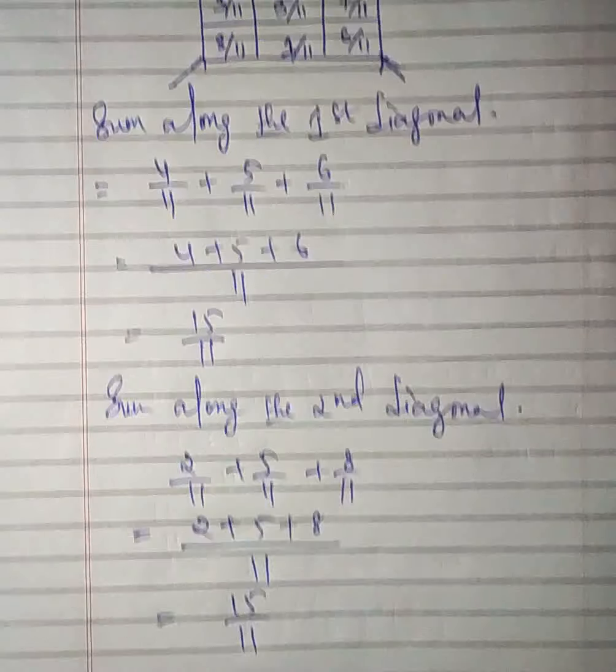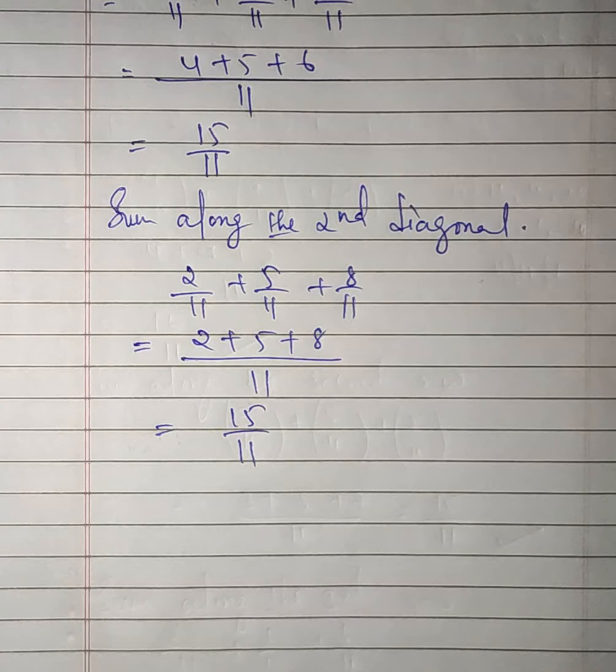So now, yes, we can consider this square as a magic square. Why? Because we got the same number, 15 by 11, in each row, each column and each diagonal.